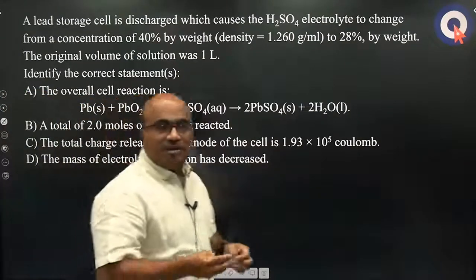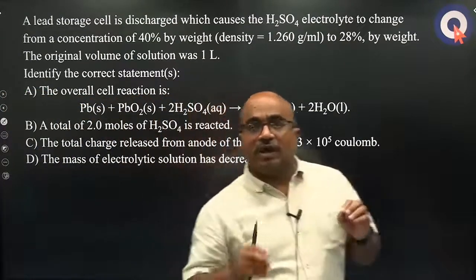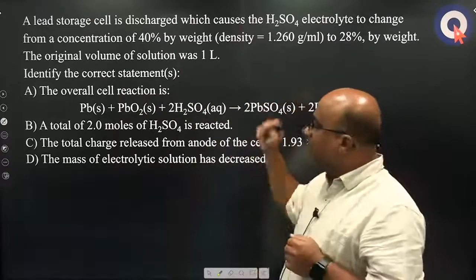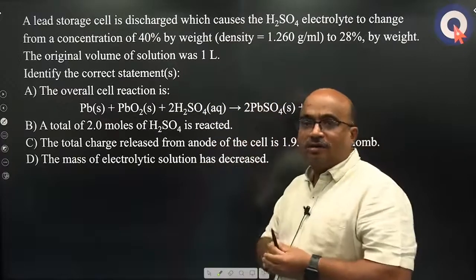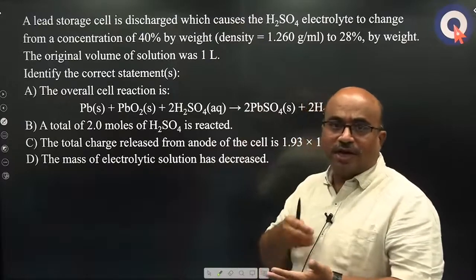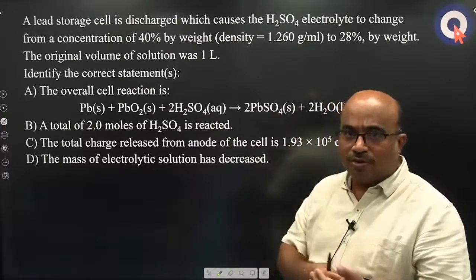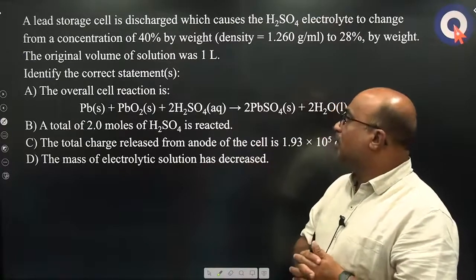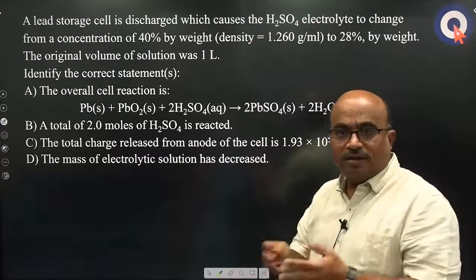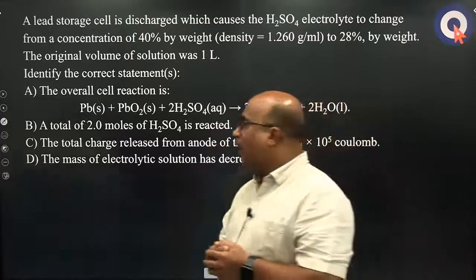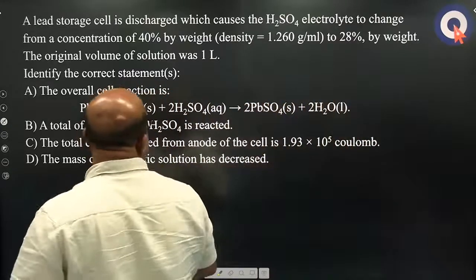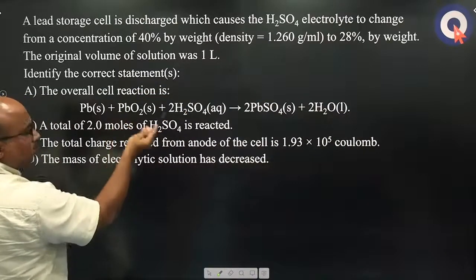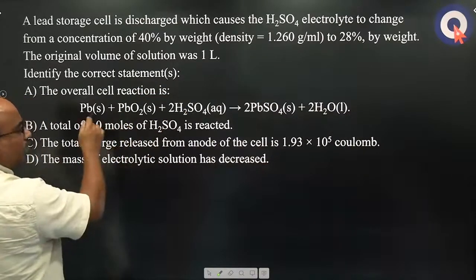Directly, the theoretical part: this is the cell reaction in a lead storage battery. A lead rod kept in lead sulfate is taken as anode, and lead dioxide coated is taken as cathode, where lead plus 4 is converted into plus 2. Here lead is converted to lead plus 2.